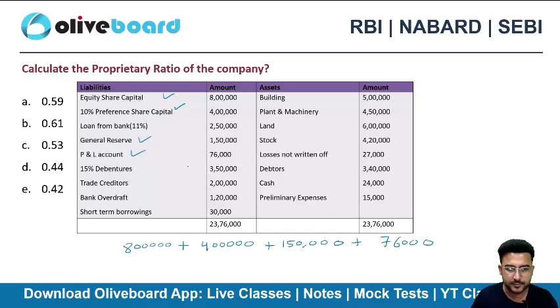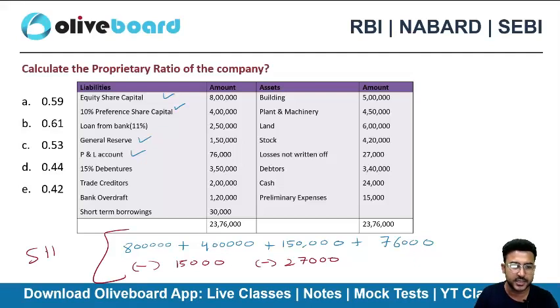Right? Minus my fake assets: preliminary expense 15,000, minus losses not written off 27,000. This will be my shareholders fund.